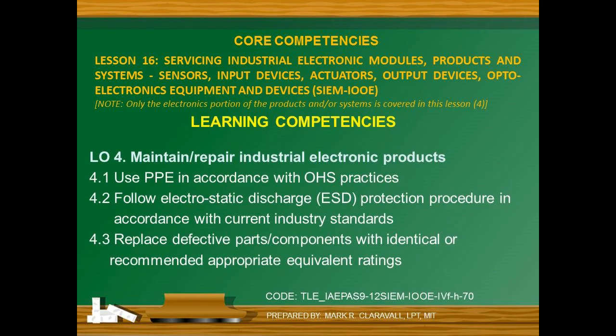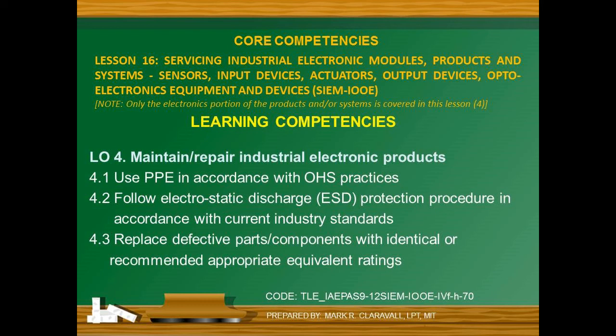Learning competencies. Learning outcome number 4, maintain/repair industrial electronic products. Learning outcome number 4.1, use PPE in accordance with OHS practices. Learning outcome number 4.2, follow electrostatic discharge, ESD, protection procedure in accordance with current industry standards.